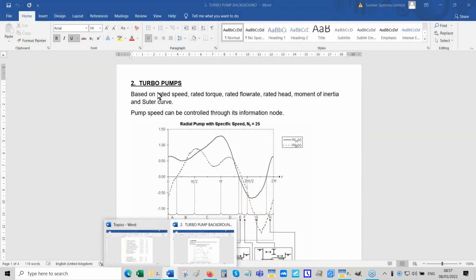And it's based on the rated speed, rated torque, rated flow rate, rated head, and the moment of inertia, and the Suter curve. What is this rated? As I explained, usually it is the best efficiency point. The moment of inertia, we know, of course, is a constant value.